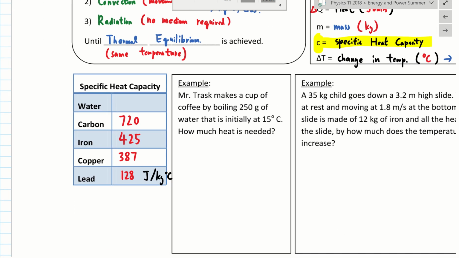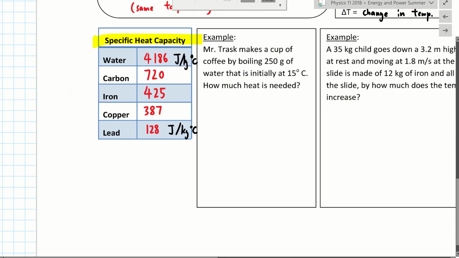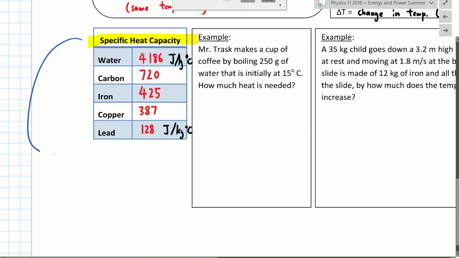It's sitting at 4,186 joules per kilogram degree Celsius. So what does that unit actually mean? What is the specific heat capacity value, 4,186?